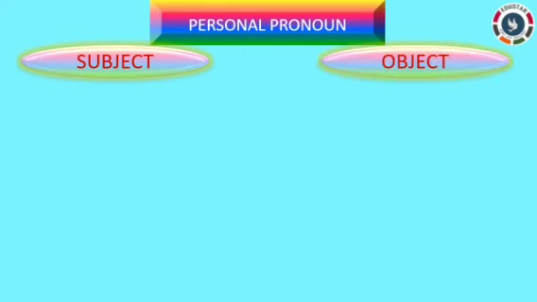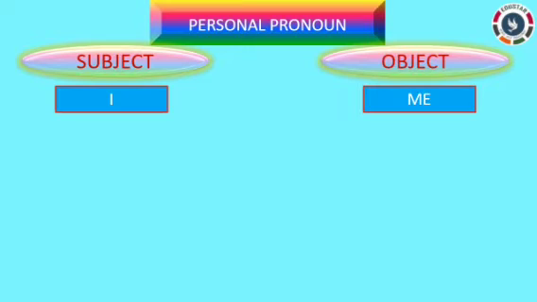Now, let us see the personal pronouns in a tabular column for easy understanding. Personal pronouns can be divided into 2 types, subject pronoun and object pronoun. When we talk about ourselves, the subject pronoun will be I and object pronoun will be me. When we are talking to another person, the subject and object pronoun both will be you.